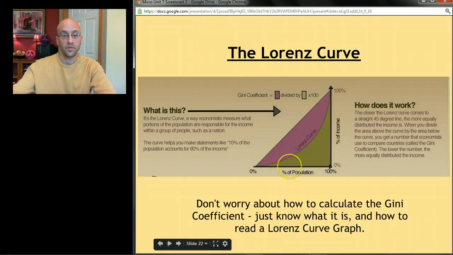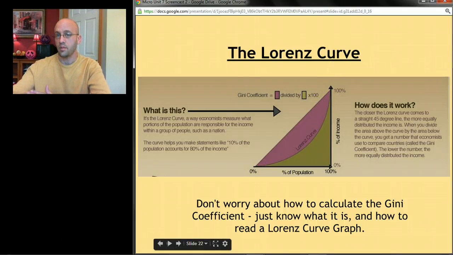When I go up to 50% of the population, I see that they're maybe getting 10% of the income. The more the Lorenz curve deviates away from this line, the more unequal income distribution is in that society. And that amount that it deviates is called the Gini coefficient.